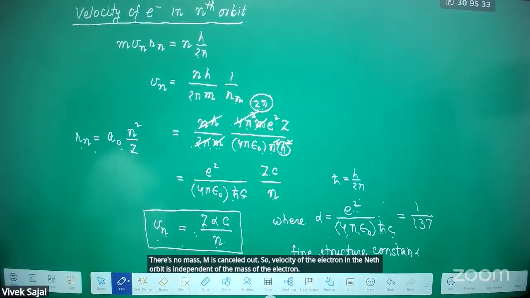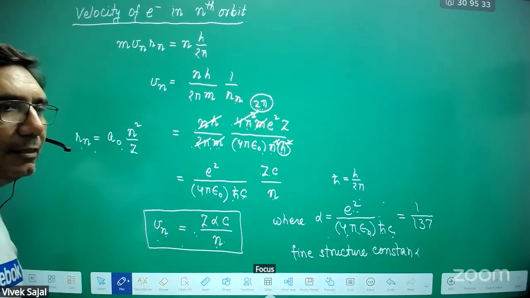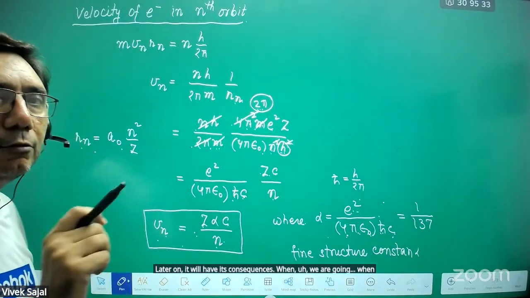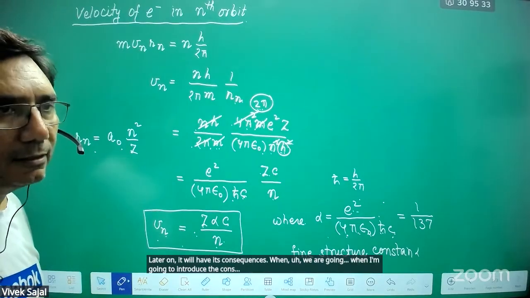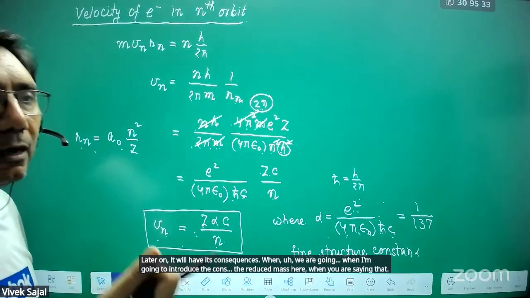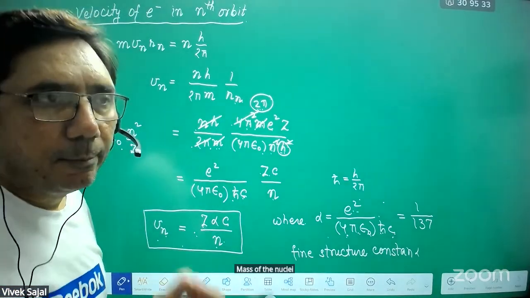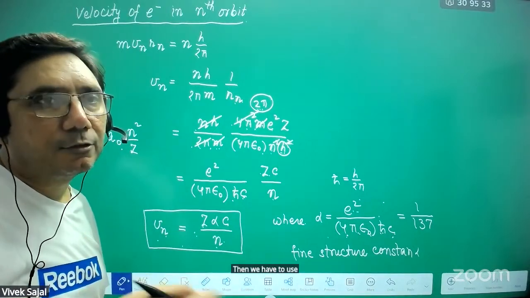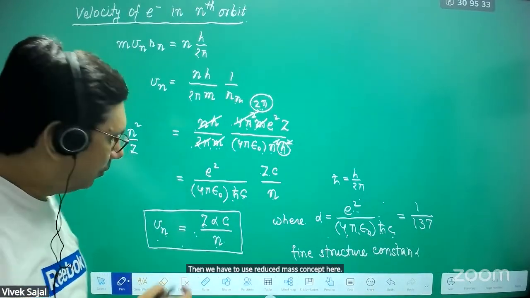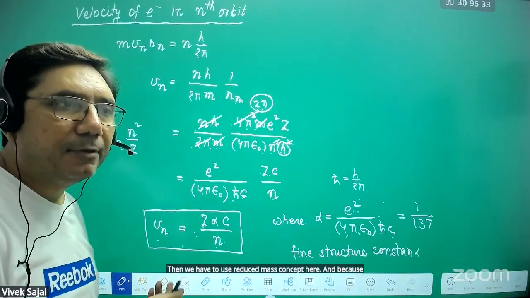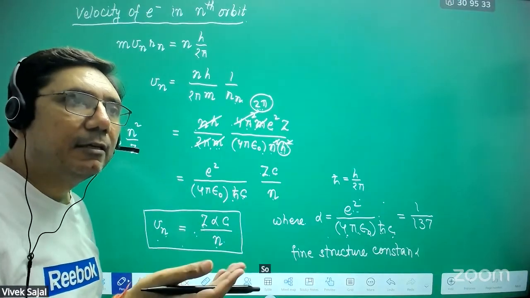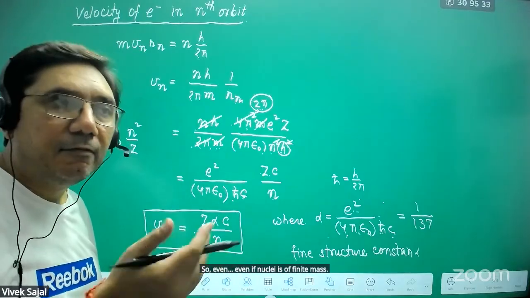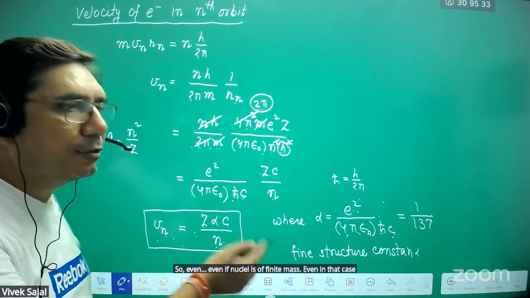Later on it will have its consequences when I introduce the reduced mass. When the mass of the nucleus is finite, then we have to use the reduced mass concept. Because mass is not appearing, even if the nucleus is of finite mass, the velocity is not going to change.